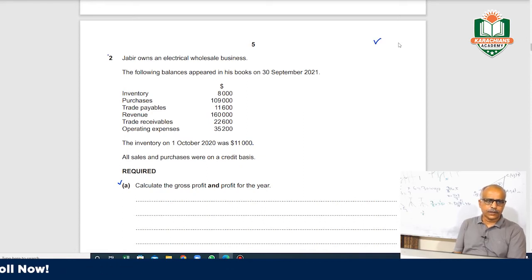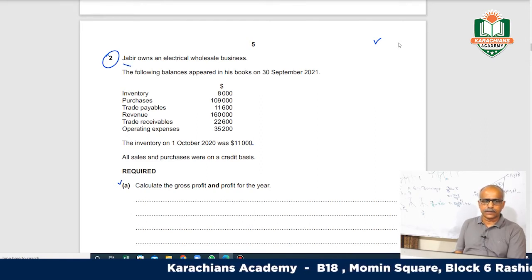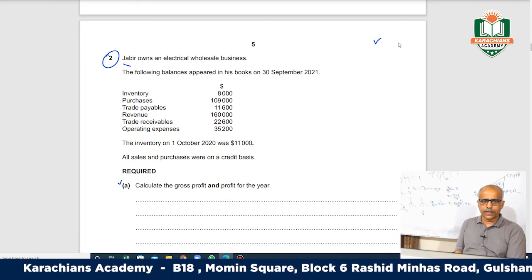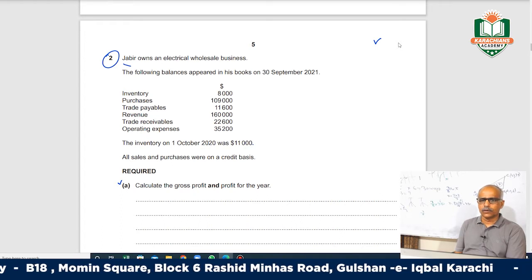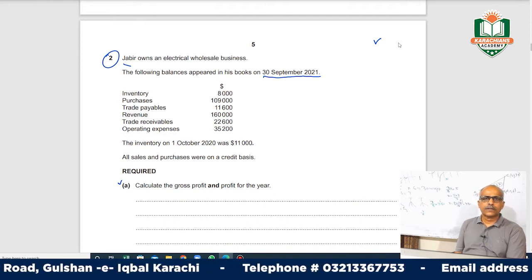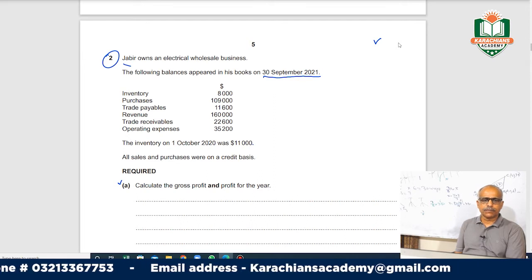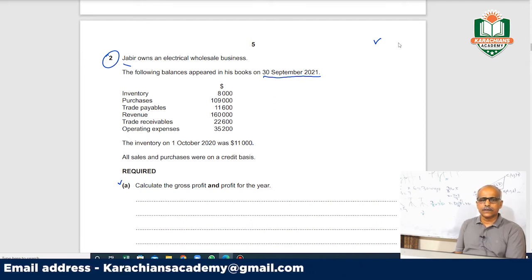Question number 2. Jabir owns an electrical wholesale business. The following balances appeared in his books on 30th September 2021. Inventory was 8,000.